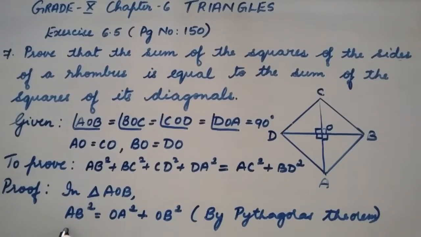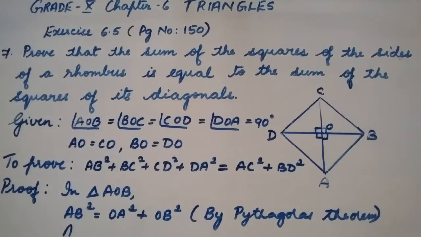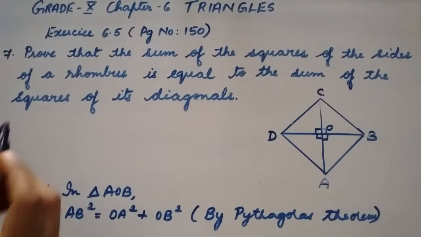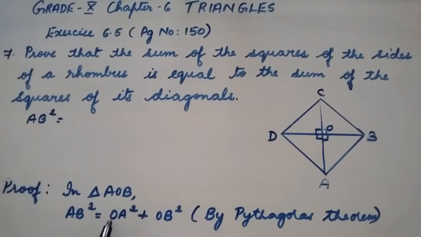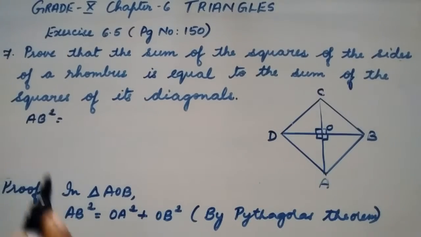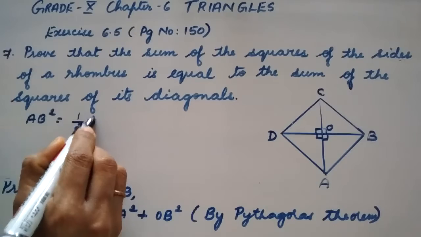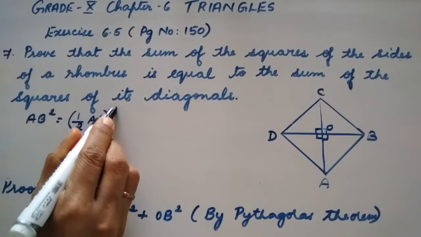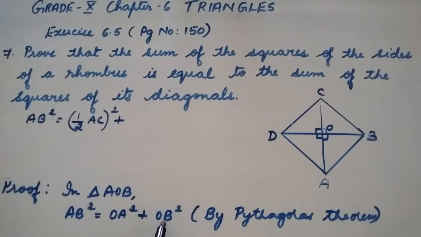Next we have AB square is equal to OA square. Now what is OA? OA is half of AC, isn't it? So instead of OA, let us write half of AC to the whole square plus, what is OB?